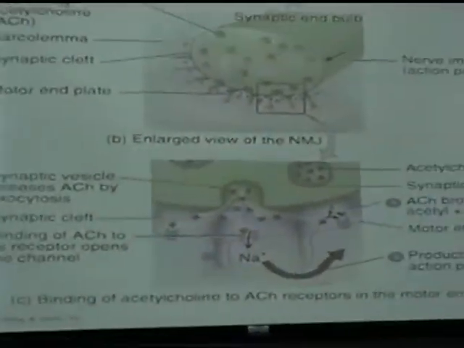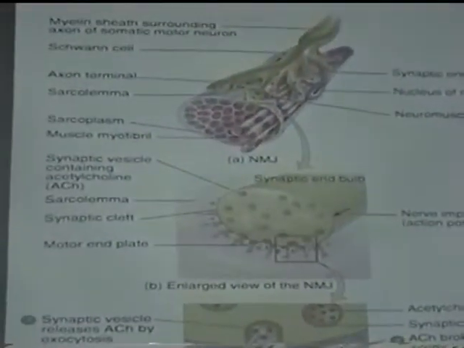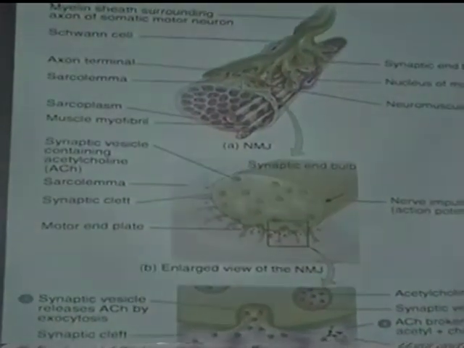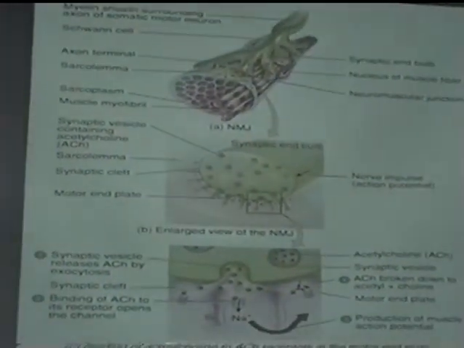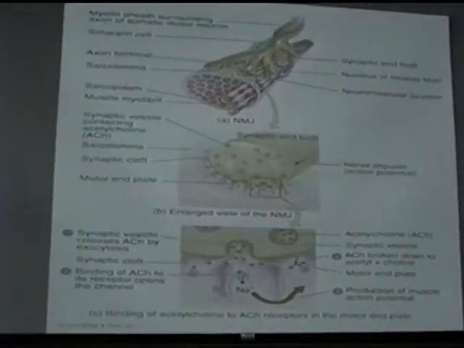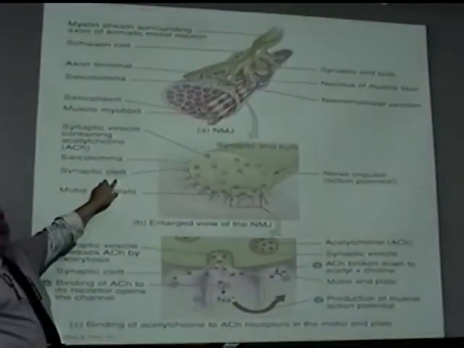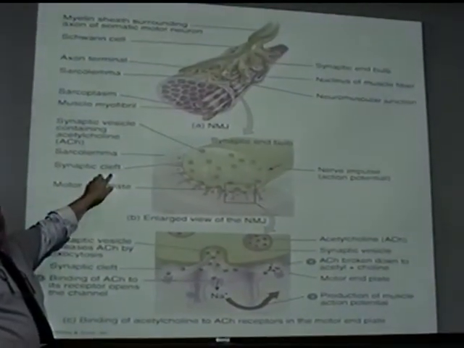What we're seeing here is the motor nerve ending coming down and associating with a muscle cell. Now we can add some detail to this whole process. A space is a cleft.